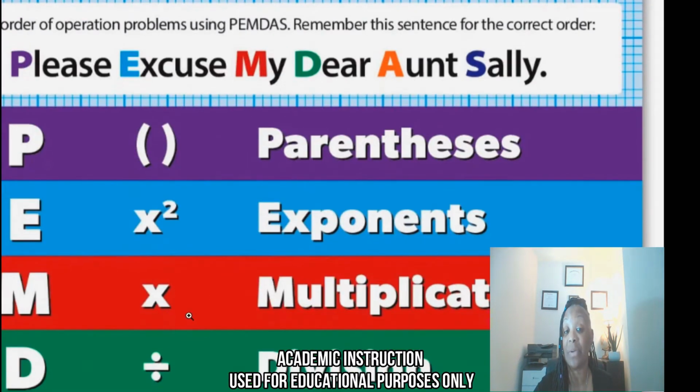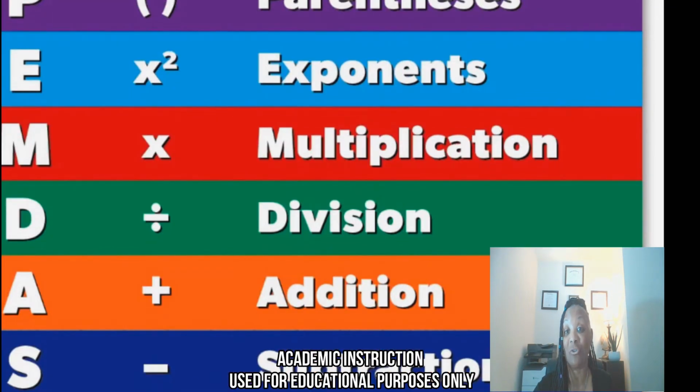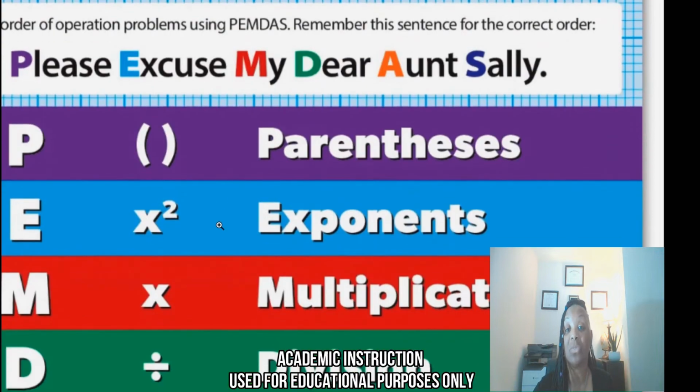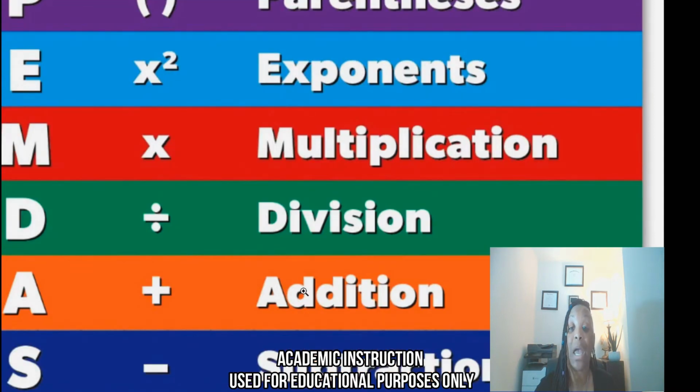My is for multiplication, so you'll do multiplication after you have done anything within your parentheses or exponents. Division comes next, then addition and subtraction. Okay, so these are the order in which you will actually perform your operations when you have a problem with multiple steps or operations rather to perform.